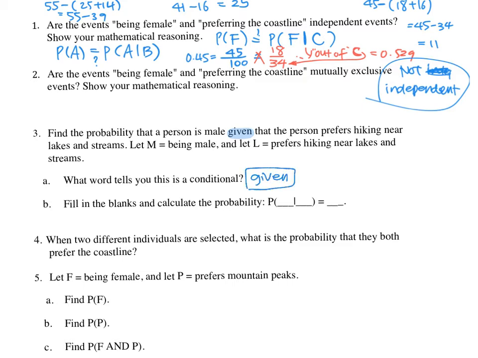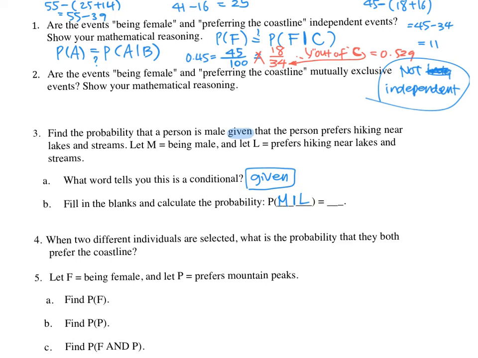If I say something, something, given something, then I know we have a conditional probability, which is denoted by this bar. Fill in the blank: the probability the person is male given the person prefers hiking near lakes and streams. So male given, the bar, lake, that's L. How do I actually calculate the number?